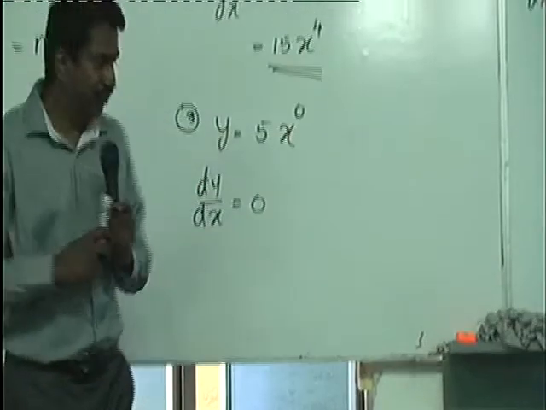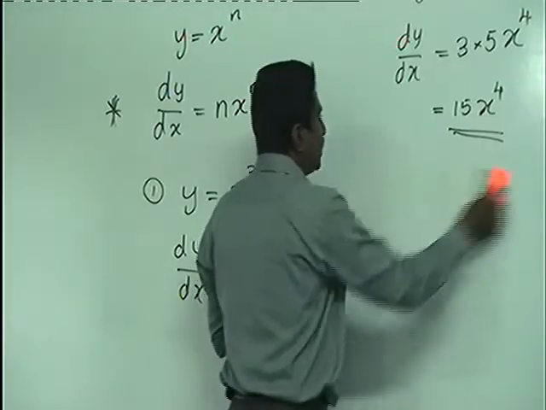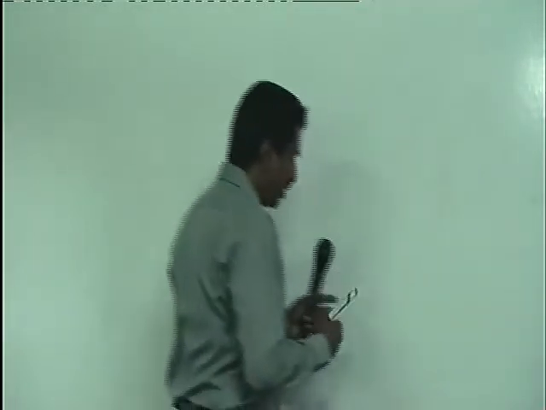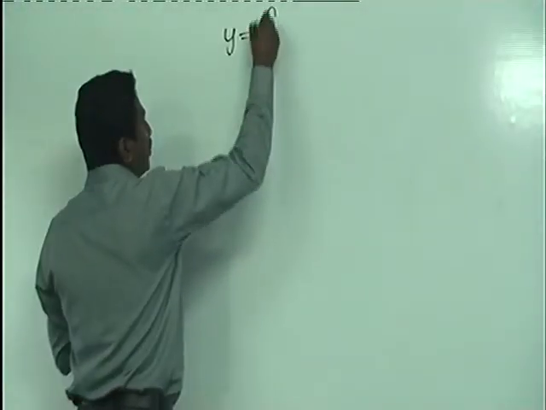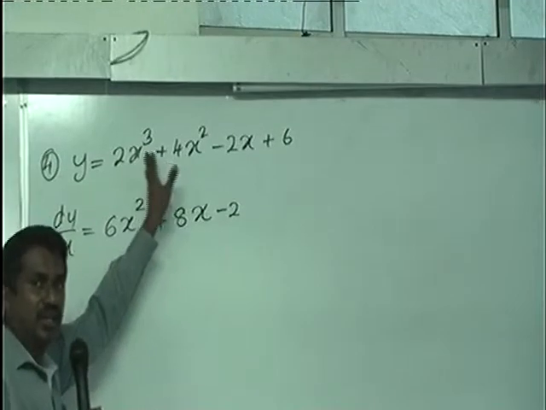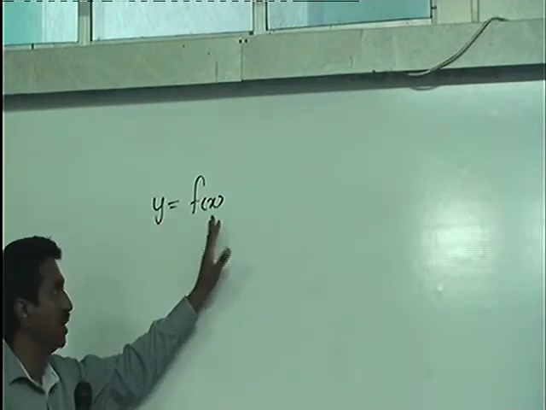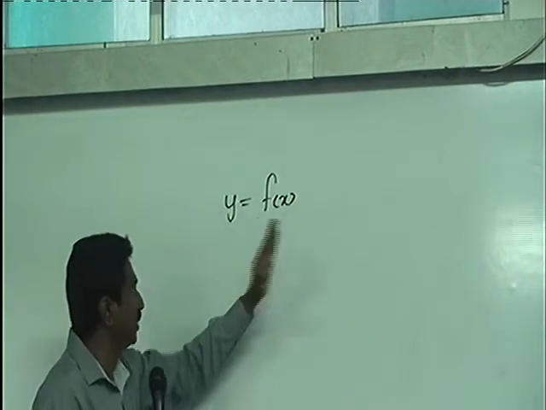Right. Then, notation. Last time I introduced a notation for the differentiation. If you can remember, I'll rewrite it again. The notation: if you have y equals a function of x, this may be 2x squared plus 3x plus 5, or 5x squared minus 3x plus 2, any function.